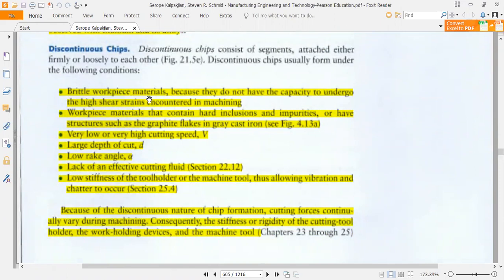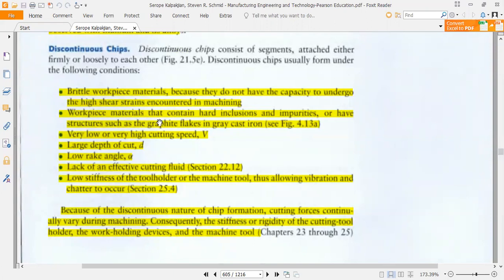Brittle workpiece materials do not have the capacity to undergo a large shear strain zone encountered in machining, whereas ductile materials have the capacity to withstand the forces up to some extent because of better tensile and shear strength as compared to brittle material. As brittle material has low shear and tensile strength, it breaks up easily and does not form a very long chain of chips, as you have studied, and also observed in the lab, as well as in your internships in the industries.